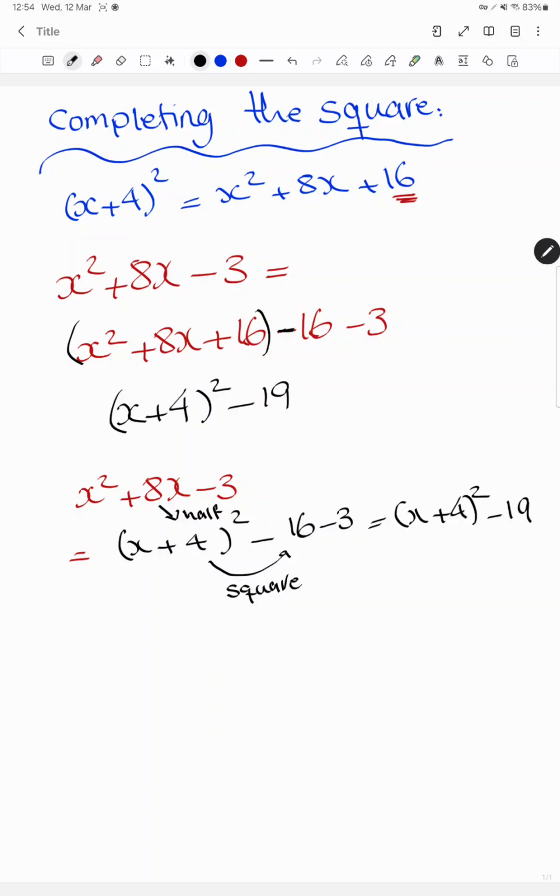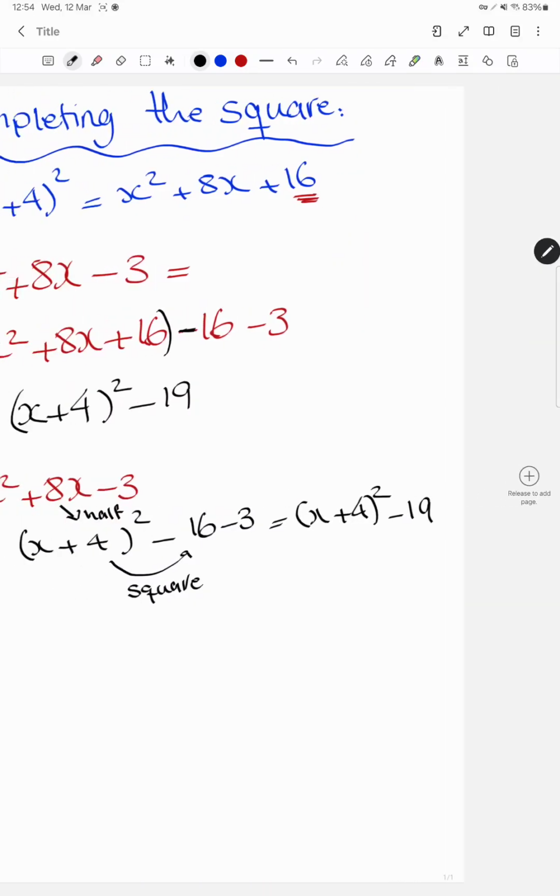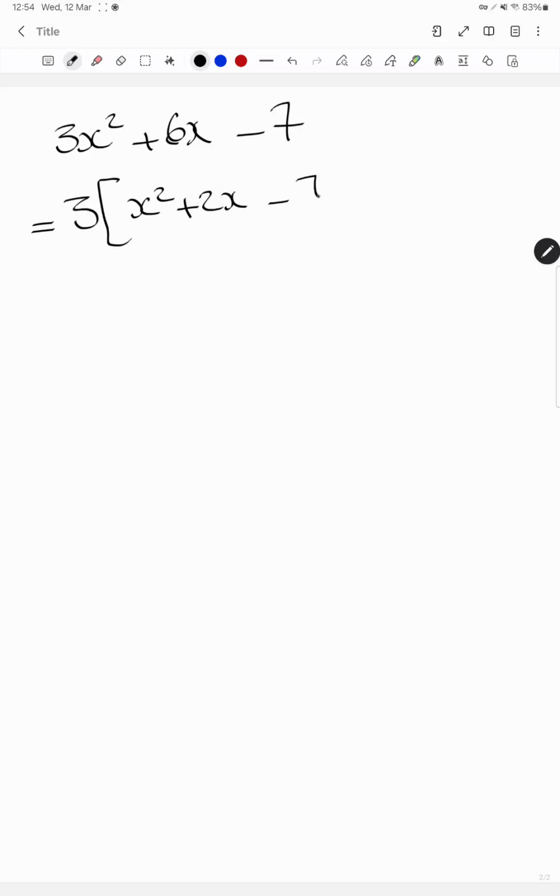Sometimes you'll have a coefficient, a value in front of it. So let's have a look. I've got 3x² + 6x - 7. Exact same process, just that 3 is annoying, so let's take it out: x² + 2x - 7/3.